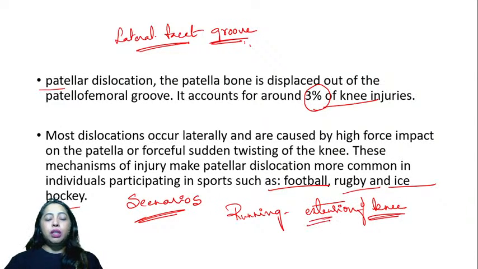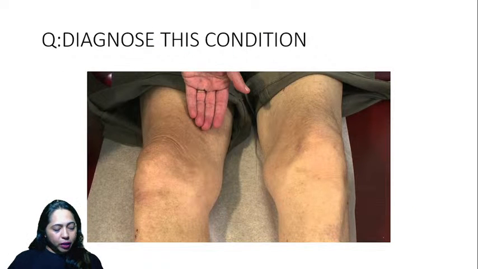There is no flexion, there is only extension most of the time. In such sports, there can be sudden jerky movement or twisting or forceful action that can result in dislocation of the patella. Okay, next we'll go to the other question.